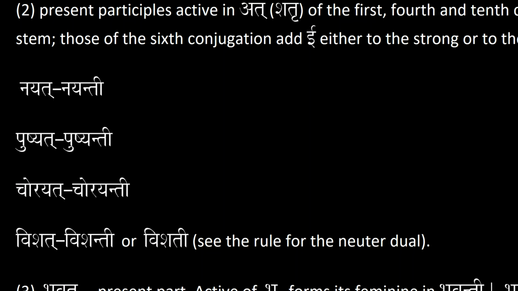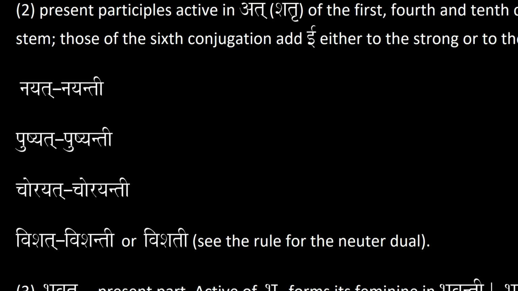So nayat became, for example, leading, which came from the word ni. So ni became nayat, and that became leading. And then the strong stem of nayat, because remember, originally, after you form nayat from ni, it has to be declined just like dhimat.